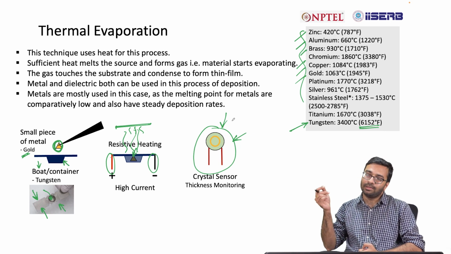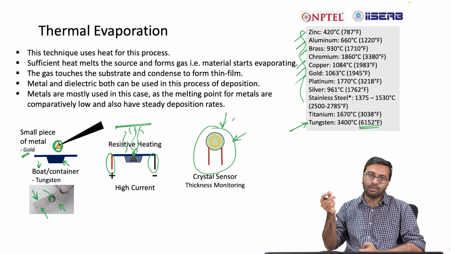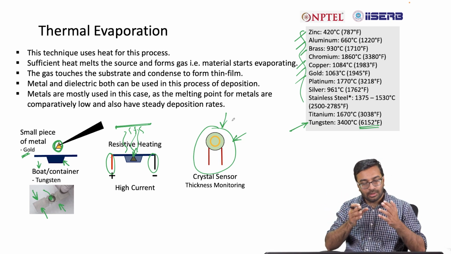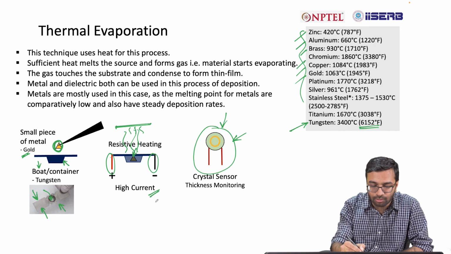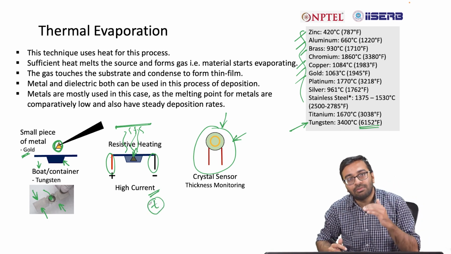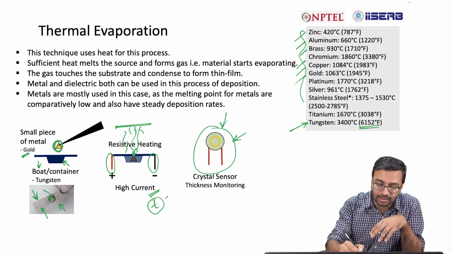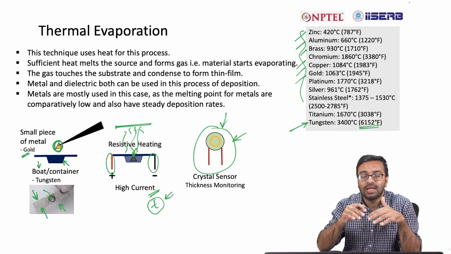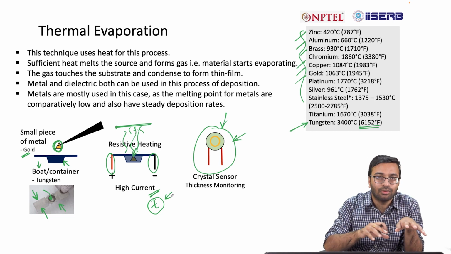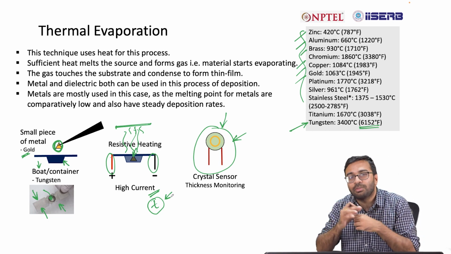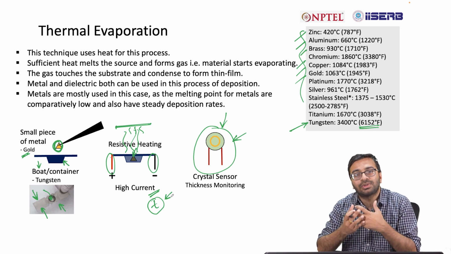So, you take the gold, you do a certain sort of deposition, you decide what should be the current, what should be the time, and then see what is the thickness. So, you again try with different current and time, and then you optimize what should be the current value, what should be the time, what should be the vacuum condition that can create a 50 nanometer thick layer on silicon.